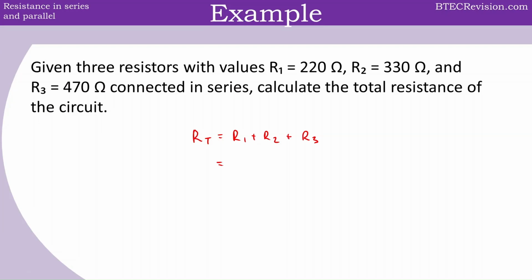And we can plug in the values. So that's 220 plus 330 plus 470. And let's calculate this. It's a value of 1020 ohms.